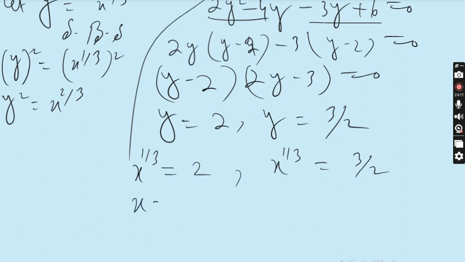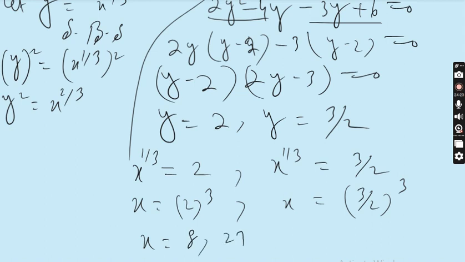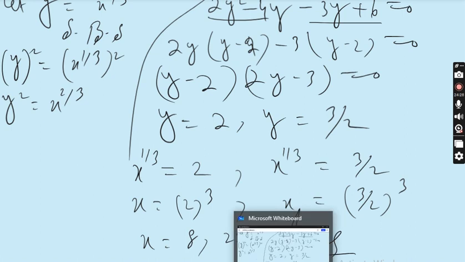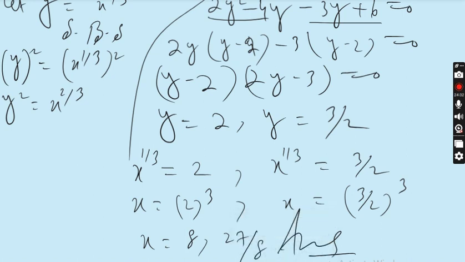Taking cube on both sides, the 3 cancels by 3 and it is 2 cube, and 3 cancels by 3 and it is 3 upon 2 cube. So x is equal to 8 and 3 upon 2 cube is 27 upon 8. So these two are our answer, 8 and 27 upon 8.